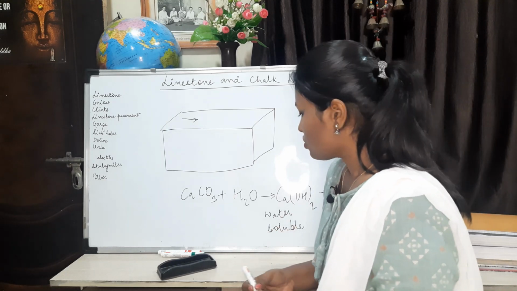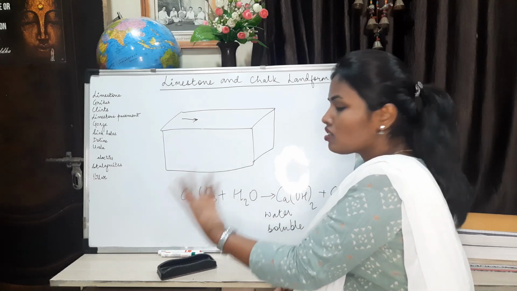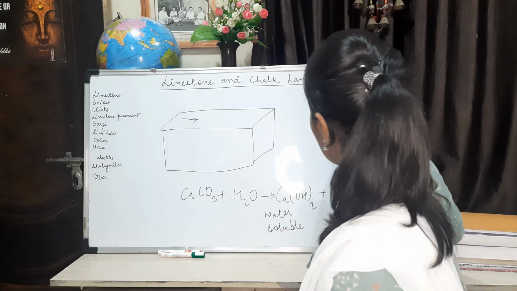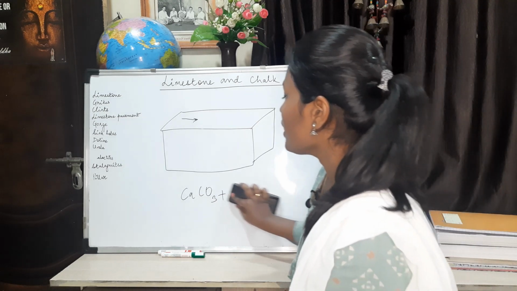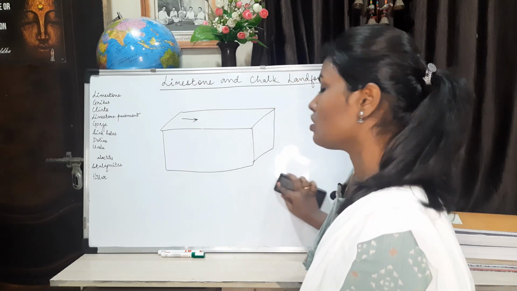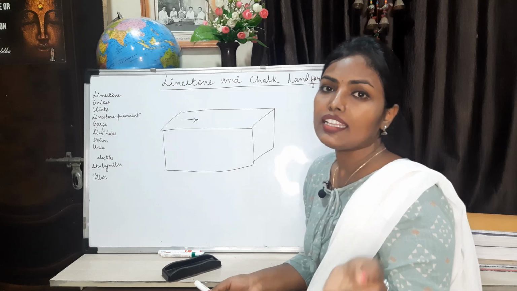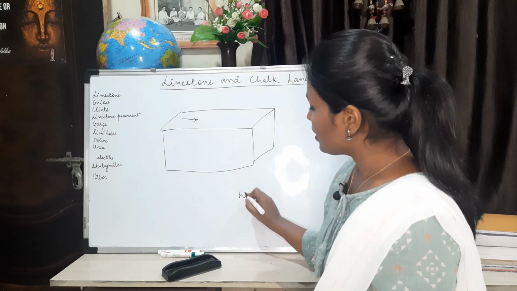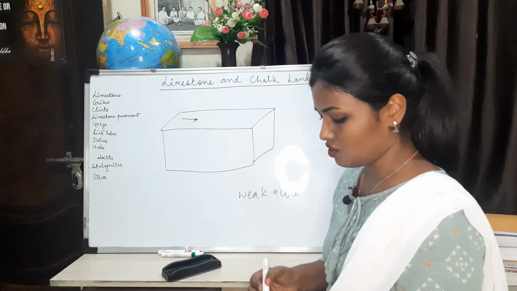So this is the compound that makes the limestone more soluble. This helps in erosion of such rocks very easily. And this carbon dioxide helps in making a weak acid, which again accelerates the process of erosion.